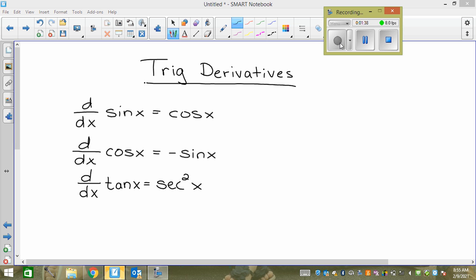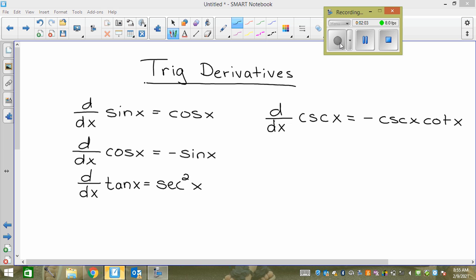And then we have the derivative of the other three. So we have d over dx of cosecant x. Cosecant starts with a c, so it's going to start with a negative, and it's cosecant cotan. You have to remember the x's.